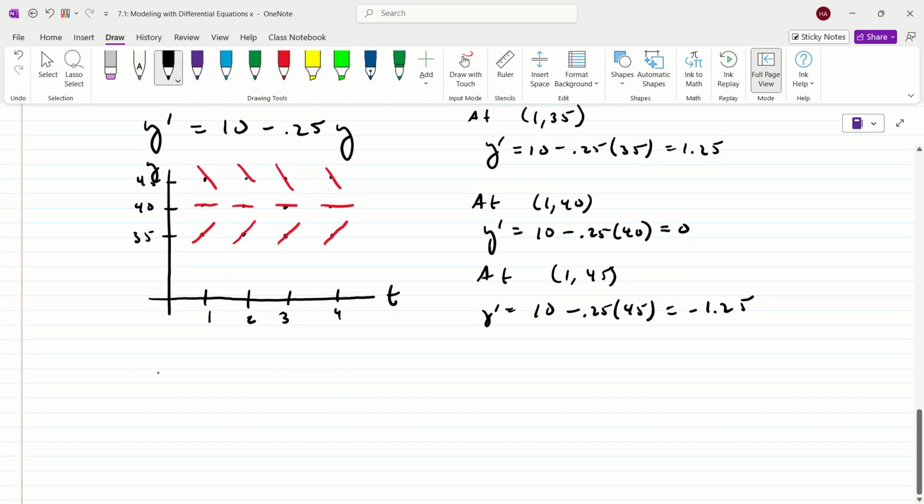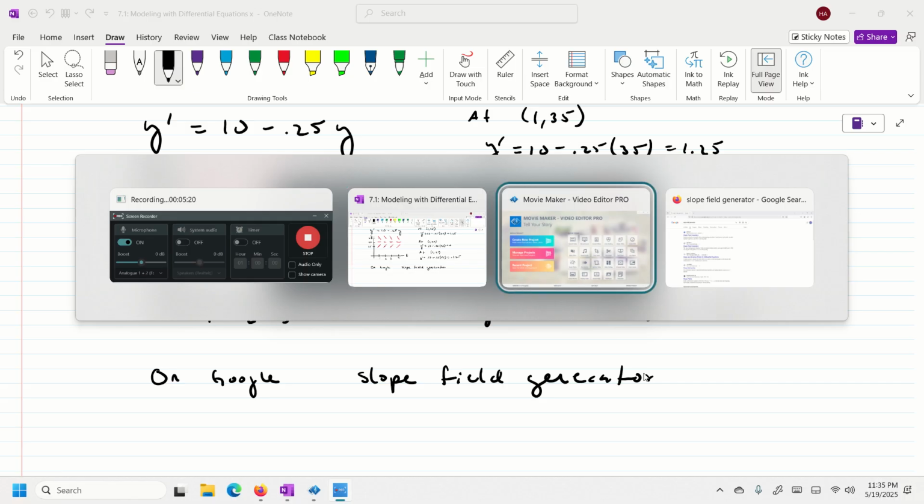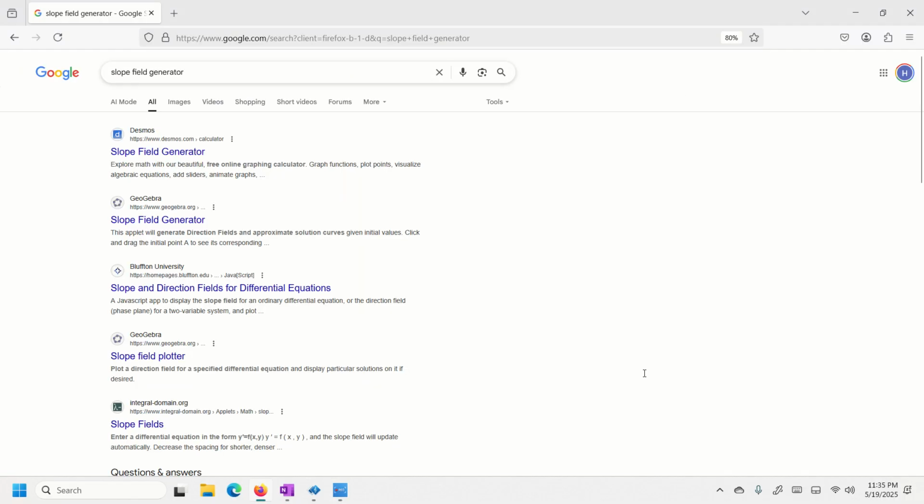So on Google, you can type in slope field generator. When you type in slope field generator, you get a whole bunch of options. I particularly like this one with GeoGebra.